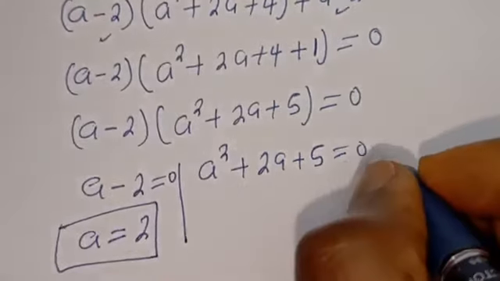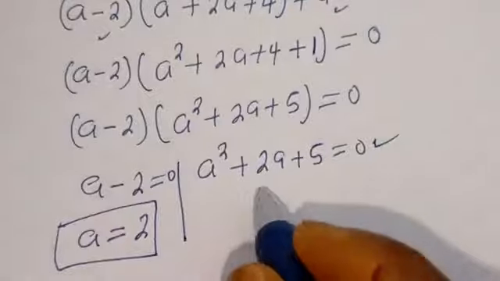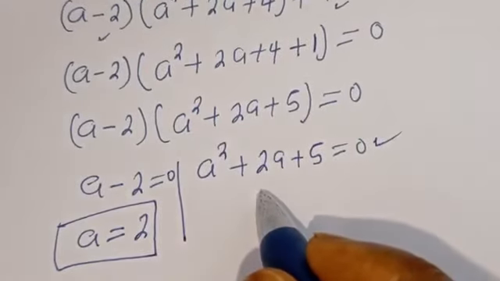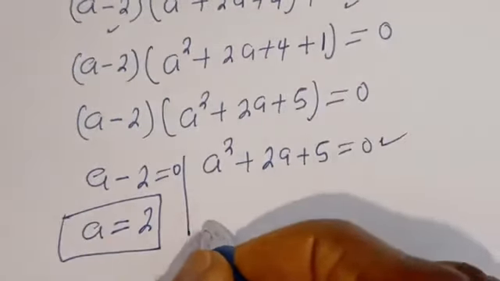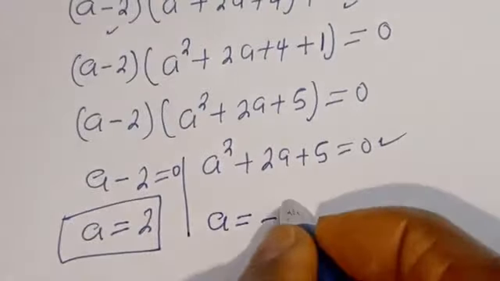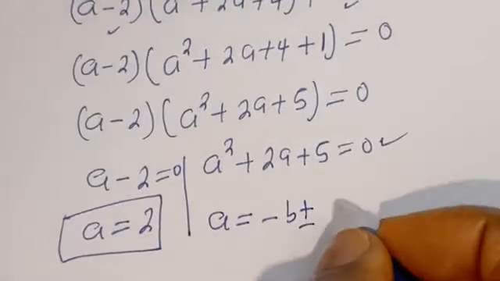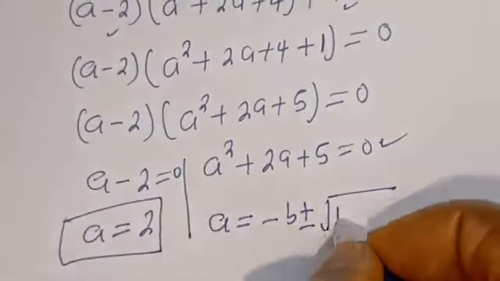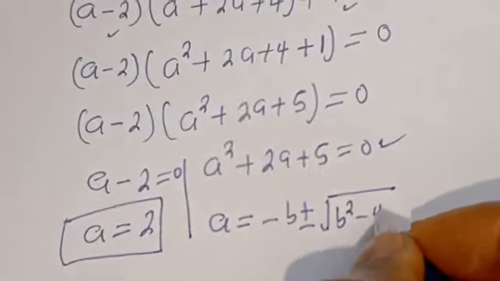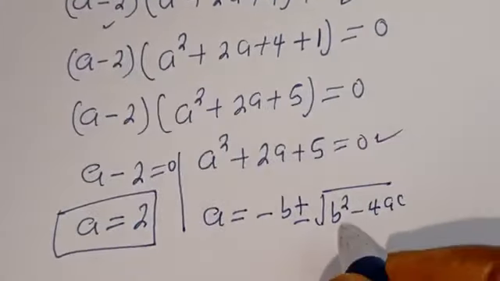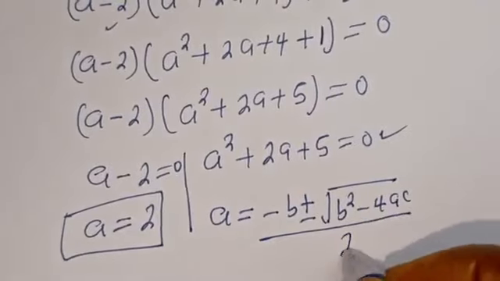Then also from here, this is a quadratic equation which can be solved using the quadratic general formula. And the quadratic general formula is given as a is equal to minus b plus or minus square root of b square minus 4ac, divided by 2a.